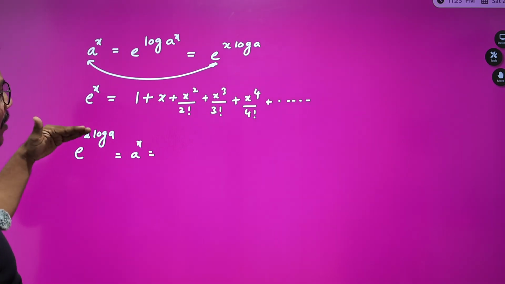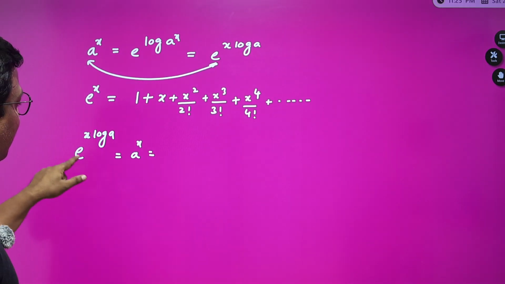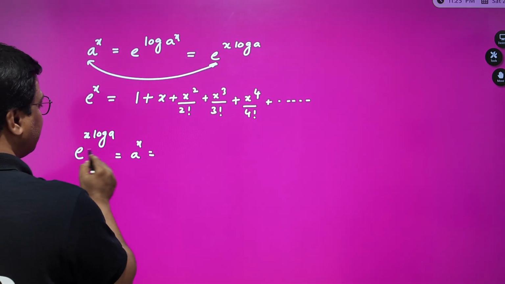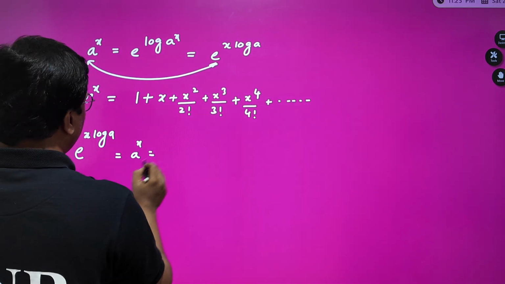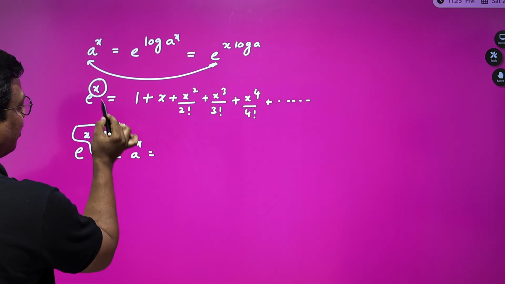With the help of the expansion of e power x, now I am going to write the expansion of a power x. That is clearly e power x log a, so wherever there is x, now you have to write x log a.